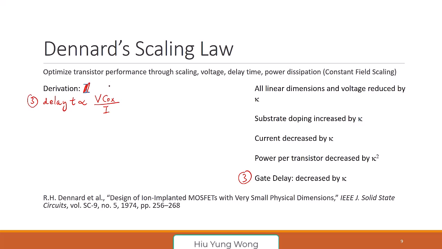Basically, this is the charge, right? So you have a gate capacitance. You multiply by the voltage you want to change to. For example, you need to charge from 0 volt to 5 volt, and then you have this current. Then this is the delay time, right?